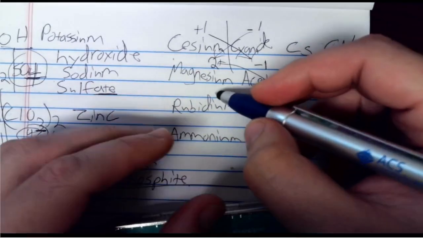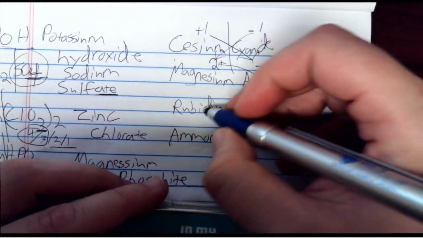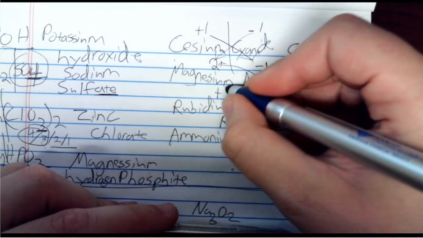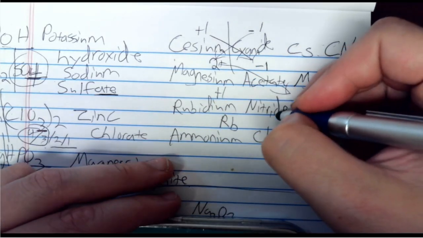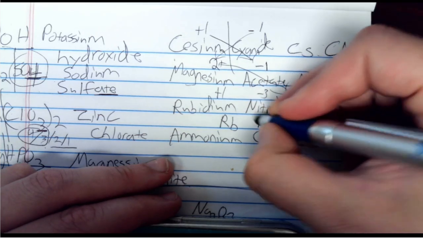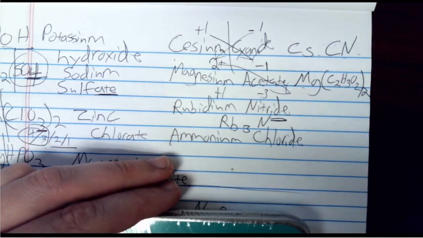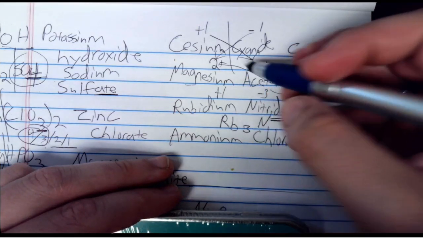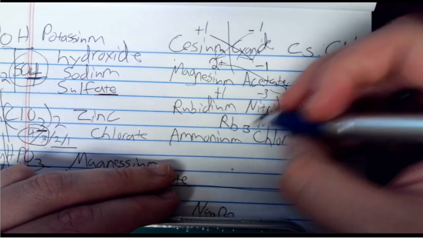That's not easy. Don't forget the easy stuff. So Rb, that's plus 1. Nitride is just -3. It's N. So it's just Rb3N. It's not an oxyanion. It's just regular.